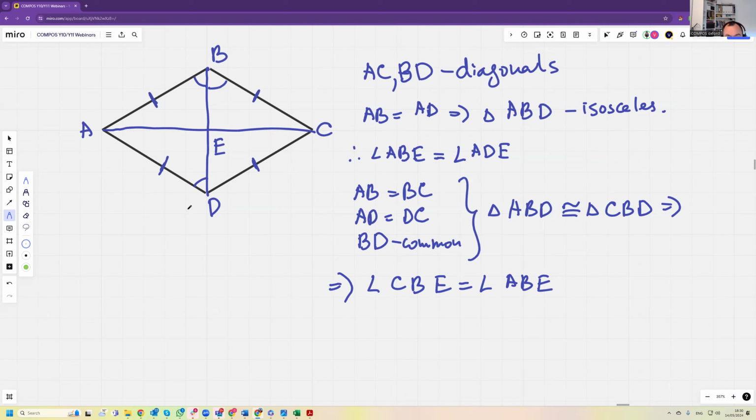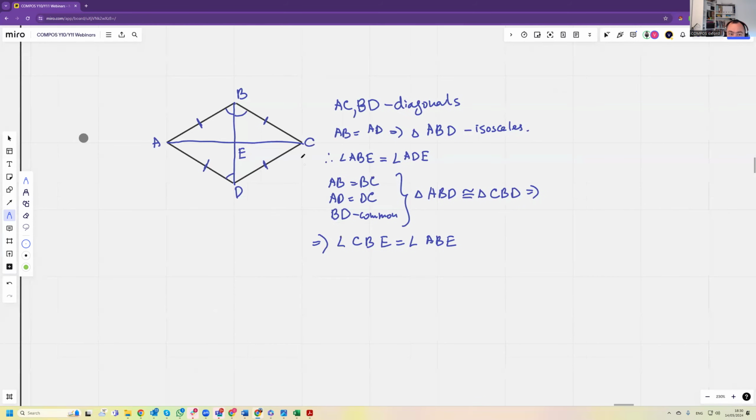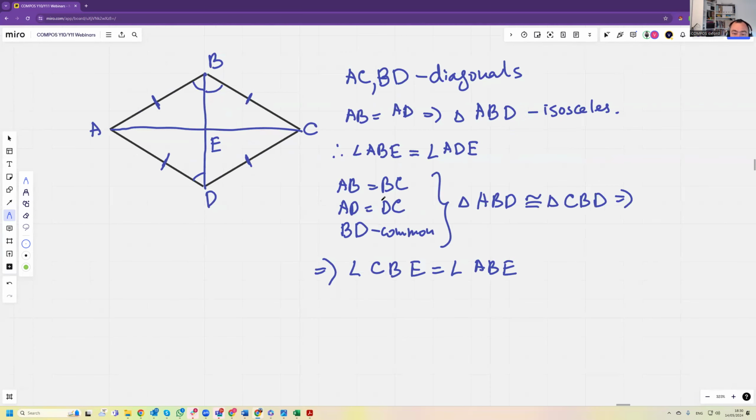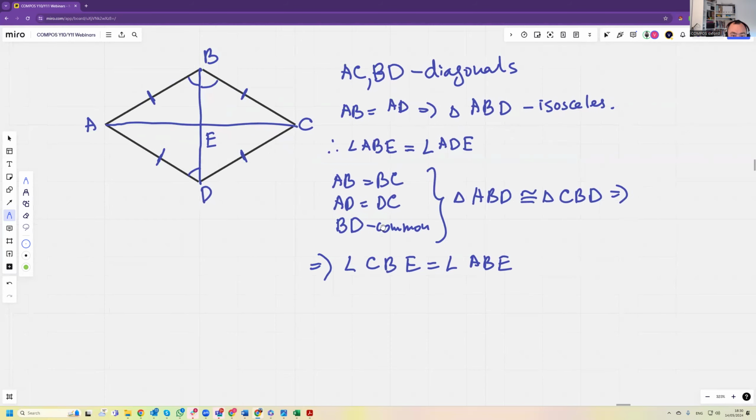All right, all making sense so far? I haven't lost anyone. These two angles are the same. Now we look at triangle ABC.